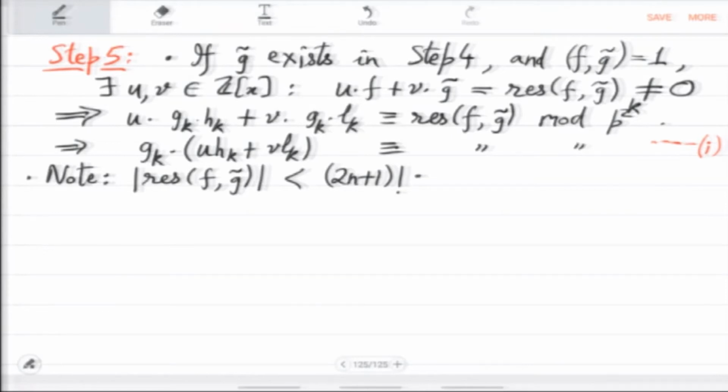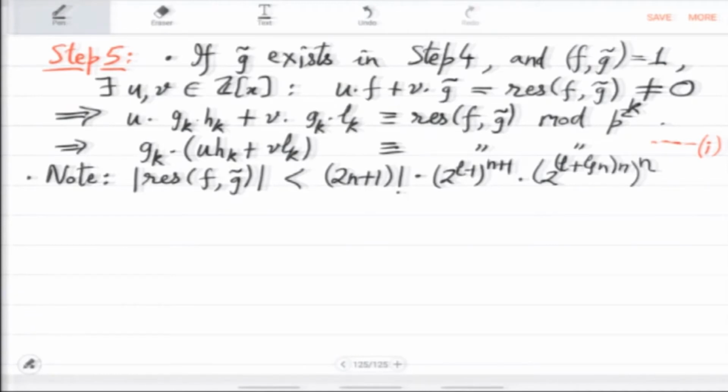And how big are the entries? For f the entries are smaller than 2 raised to L minus 1. For G tilde, the entries are by construction L plus log n times n, and then the whole thing n, right. That is what upper bounds the resultant number.